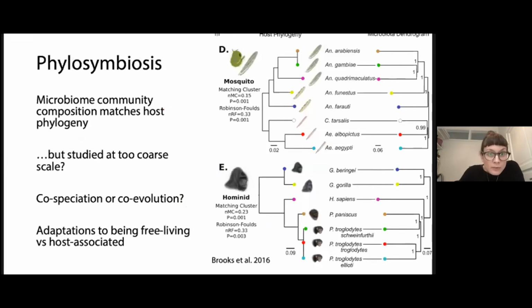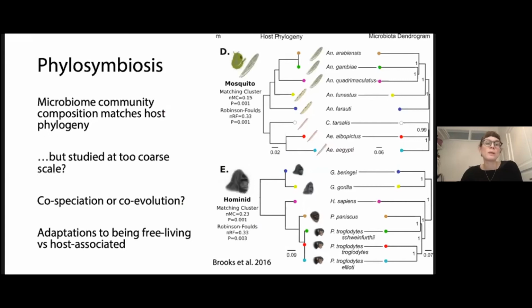One of the concepts that has been introduced in favor of the holobiont is phylosymbiosis, to argue that complex microbiomes can be heritable. This is also from Seth Bordenstein's group, where they show that microbiome community composition matches the host phylogeny, and they've done this for lots of different host-microbiome combinations.